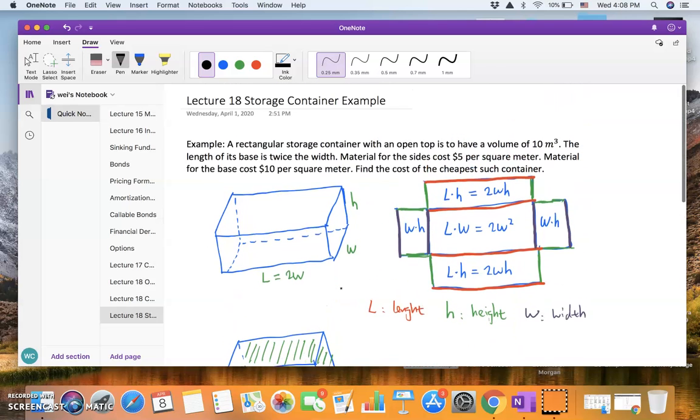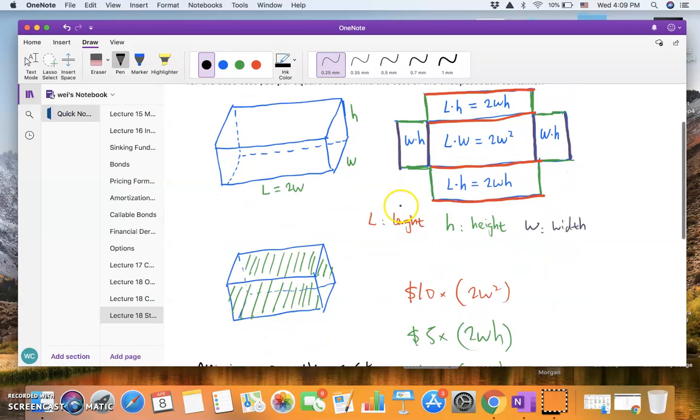Let's go back to the problem to see what else we haven't used yet. The first sentence says the storage container with an open top is to have a volume of 10 cubic meters. So the volume of this box is 10 cubic meters.